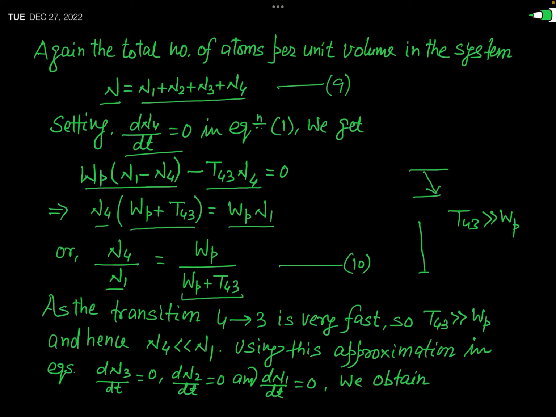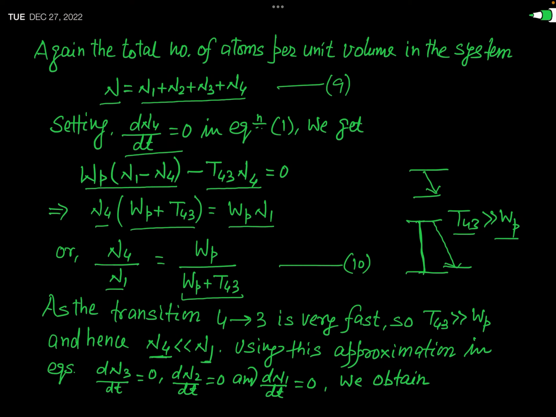So in this condition, N4 will be much smaller than N1, because the number of atoms lifted from level 1 to 4 is at a slow rate, but the number of atoms which transit to level 3 is fast.